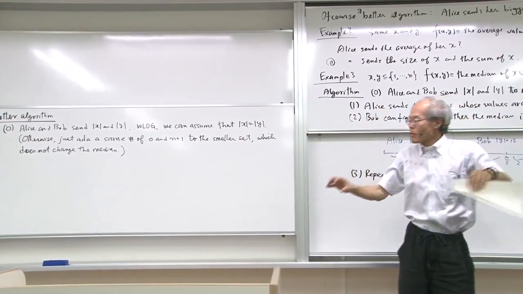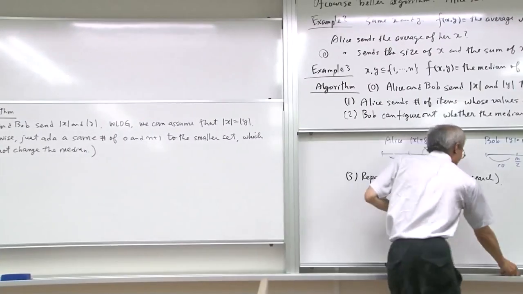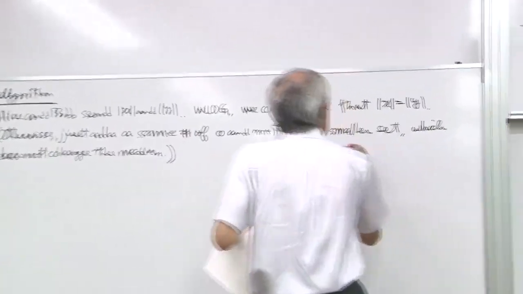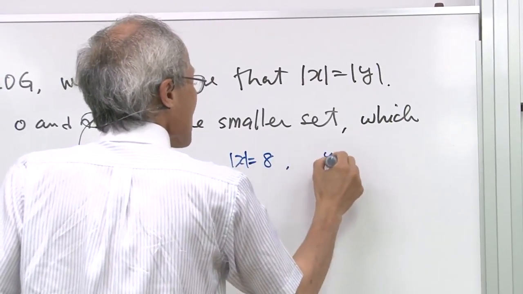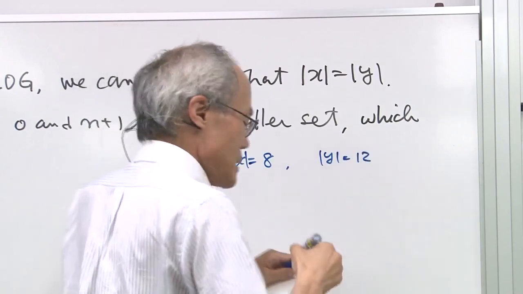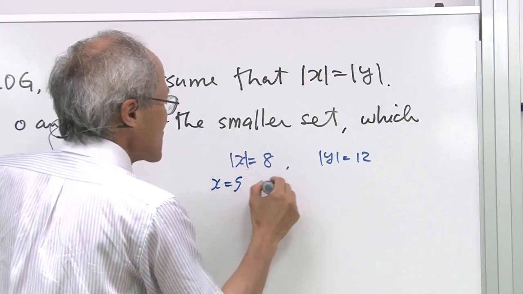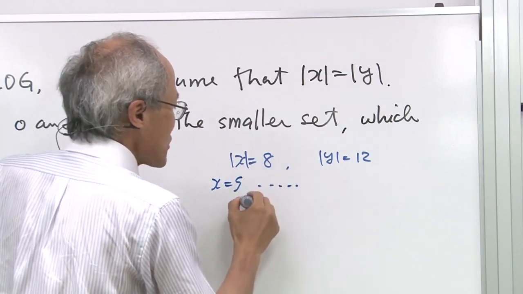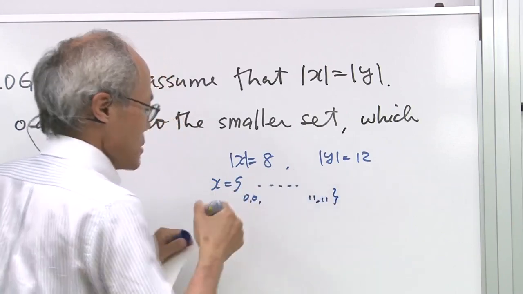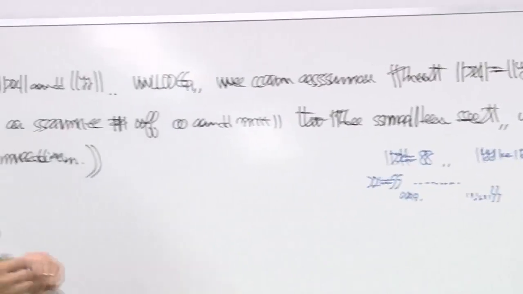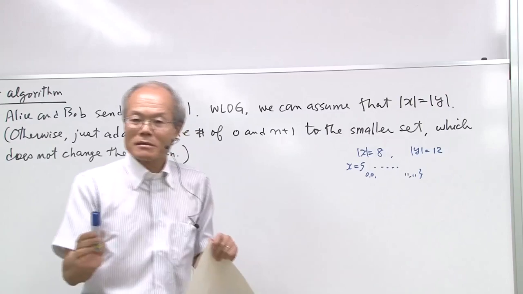For example, suppose that the size of x is 8, and the size of y is 12. Then we add 2 zeros and 2 n plus 1s, say 11s, where n is 10.